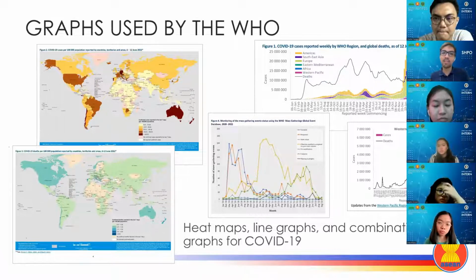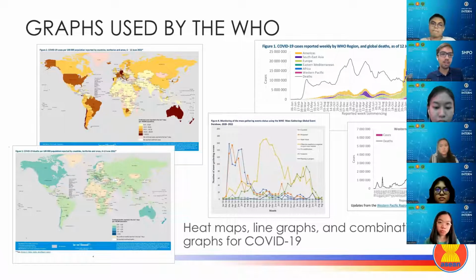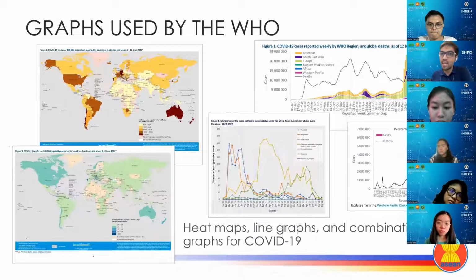So most probably they don't have the testing capacity to determine if someone is really infected with COVID. So they just report fever and deaths. They just call it a disease epidemic, and there are no COVID-19 cases that they can report because they have no testing capacity.